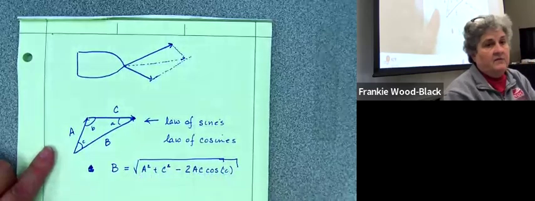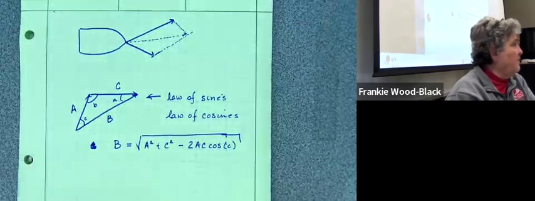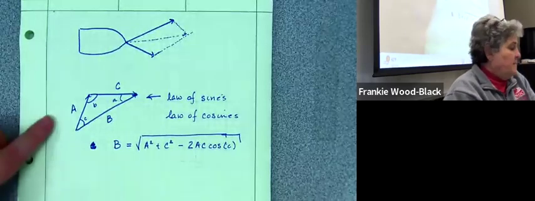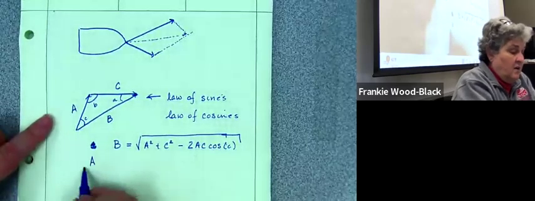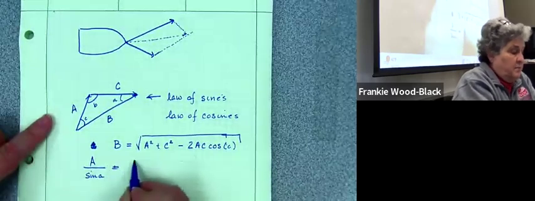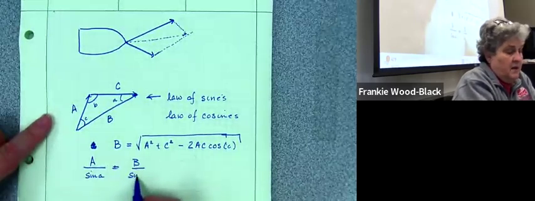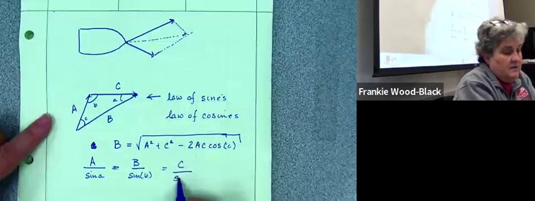That's not one that I gave you on Wednesday. But we still have our law of sines, and remember our law of sines are sine of A over A is equal to sine of B over B is equal to sine of C over C.